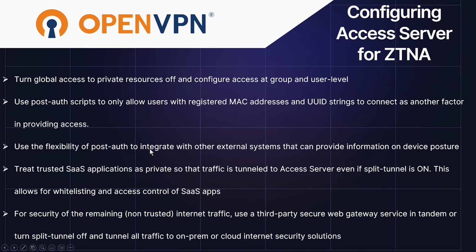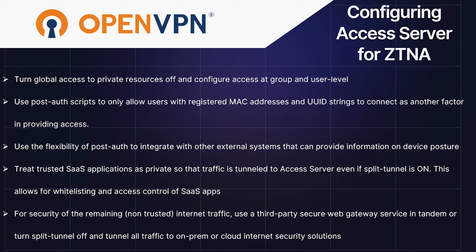As a summary here, we looked at some configuration suggestions for configuring Access Server for ZTNA. Again, we looked at how to turn off global access to private resources and configure access at the group and user level, as Johan showed us. We looked at the post-auth scripts.